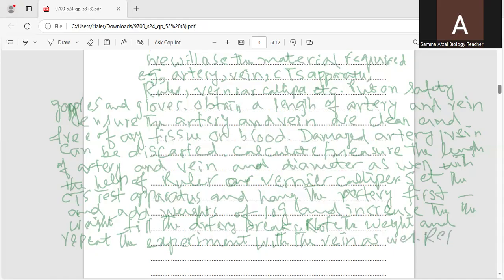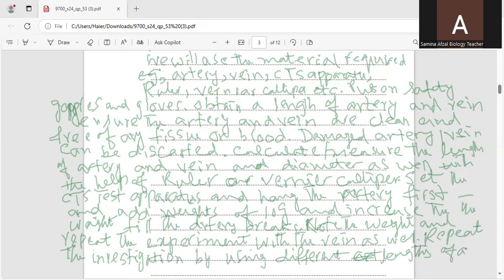And repeat the investigation by using different lengths of arteries and veins. Be careful and take mean. Be careful while cutting.